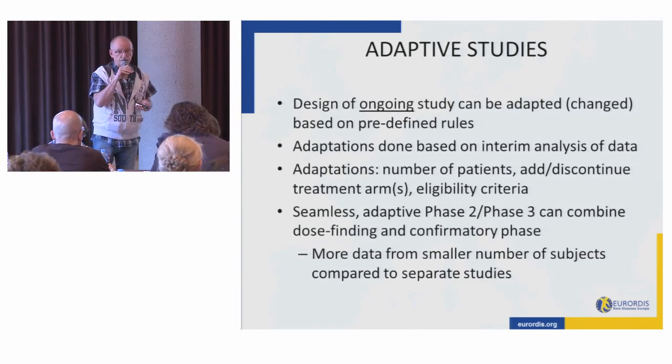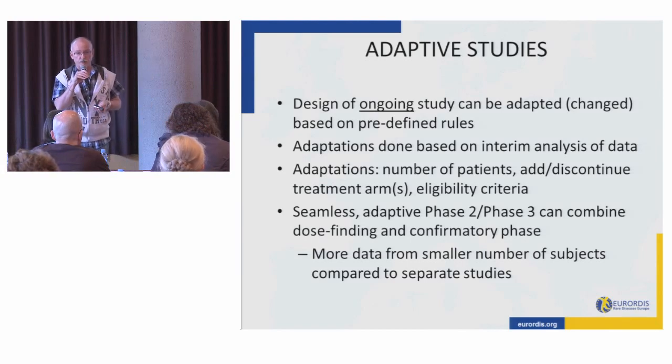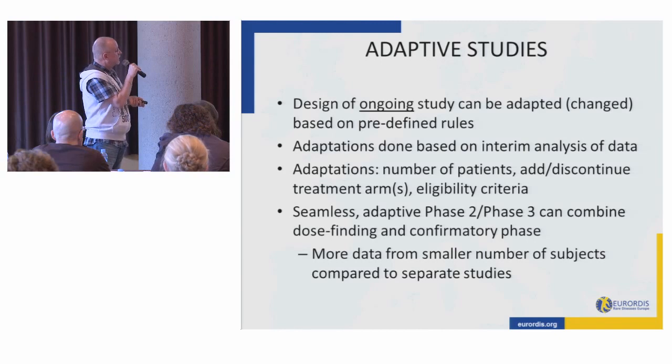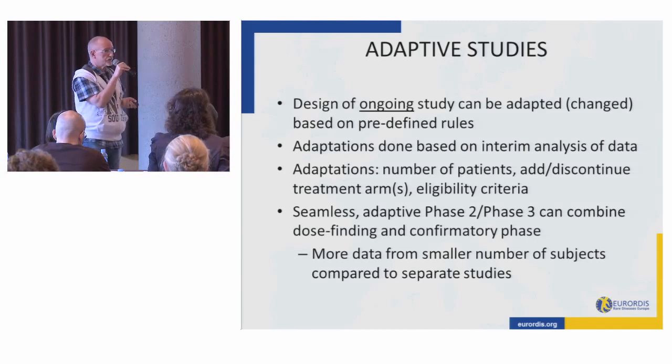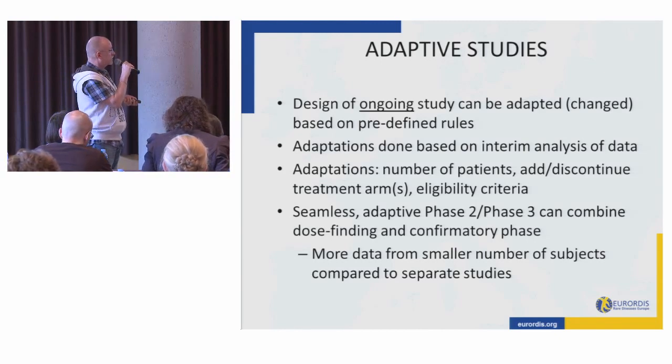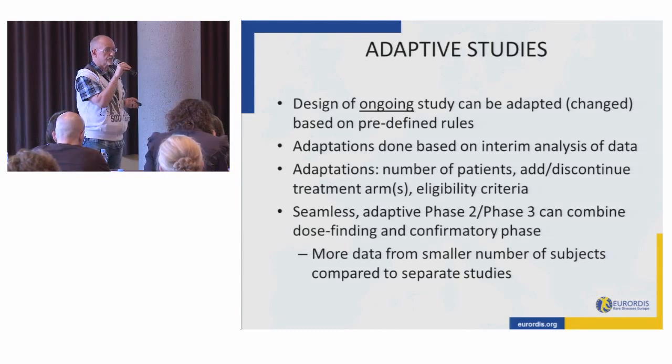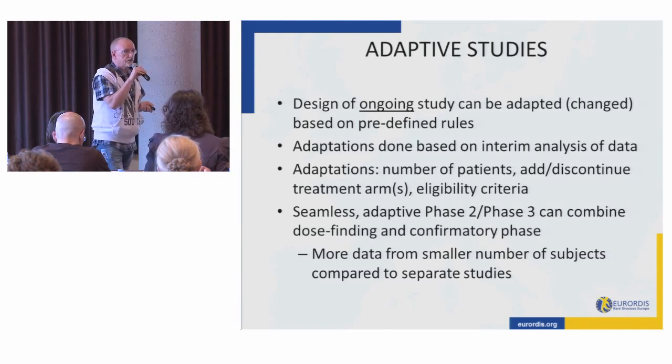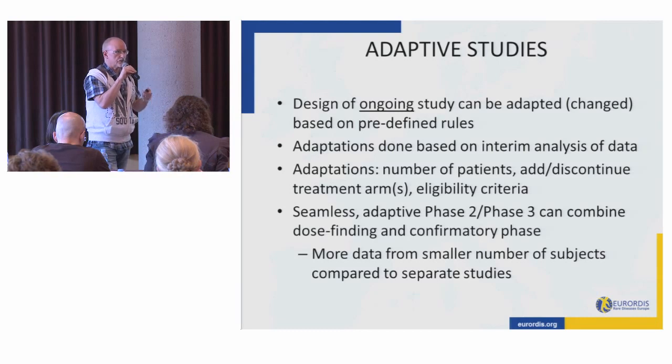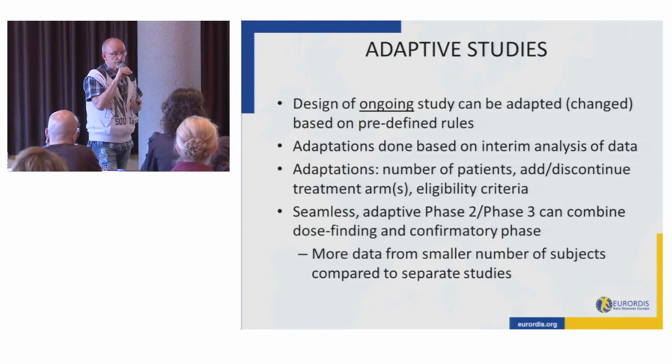Adaptive studies then, a buzzword, adaptive studies. Everybody is talking about adaptive trials. Now what do they mean? It means that the design of an ongoing study can be adapted or changed based on predefined rules. And the emphasis really is on predefined. In early development phases, when you're doing your phase 1, your phase 2, you're exploring, you're wanting to know if there's a hint, if there's a promise of treatment effect, you can do adaptive trials.